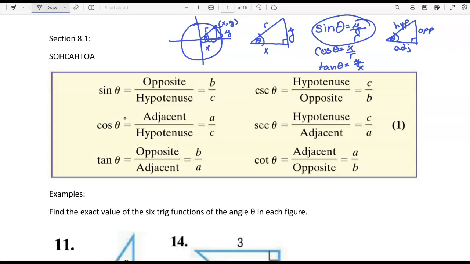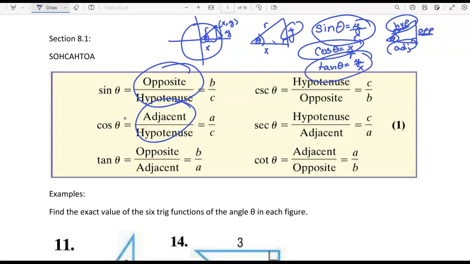Well, in that case, it would be the opposite over the hypotenuse. Cosine, based on this angle, we said would be x over r, which would be the adjacent divided by the hypotenuse. And tangent, we said was y over x, which is the opposite side divided by the adjacent side.